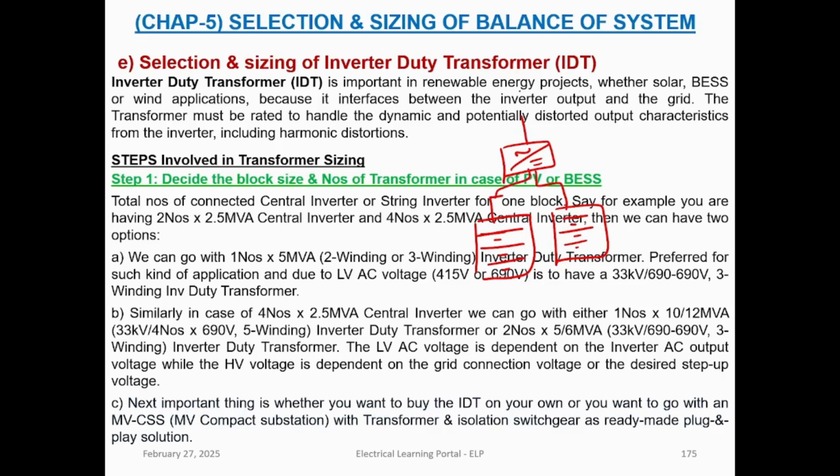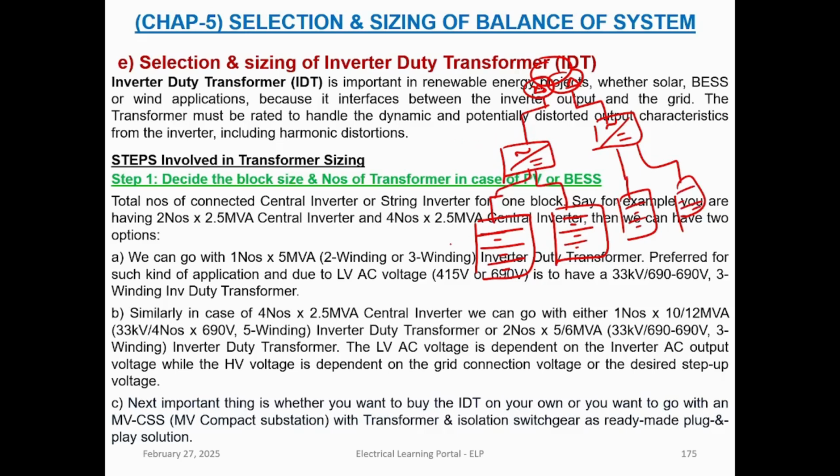From the inverter, it will get connected to some kind of a transformer, say for example a three winding transformer. Likewise there are two containers or maybe one container, the combination could be anything that we'll have to see on the storage capacity basis.